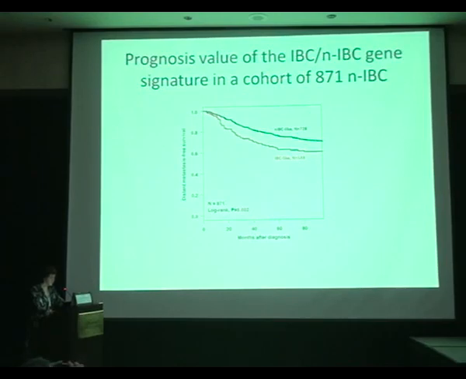This signature of 79 genes was also applied to a cohort of non-inflammatory breast cancer. And when you have this signature in non-inflammatory breast cancer, the prognosis is worse than if you don't have the signature.